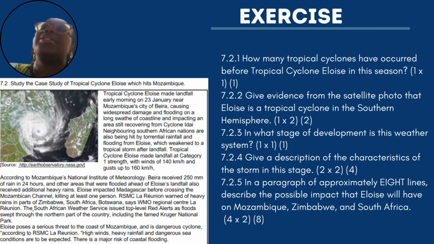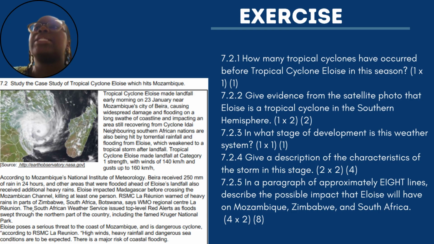Tropical Cyclone Eloise made landfall at Category 1 strength with winds of 140 kilometers per hour and gusts up to 160 kilometers per hour. According to Mozambique's National Institute of Meteorology, Beira received 250 millimeters of rain in 24 hours, and other areas that were flooded ahead of Eloise's landfall also received additional heavy rainfall.